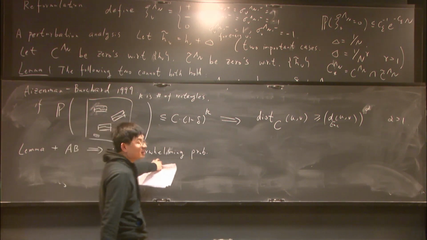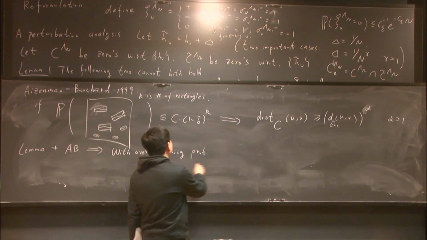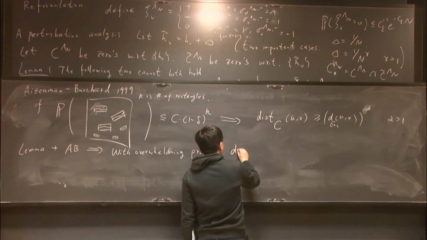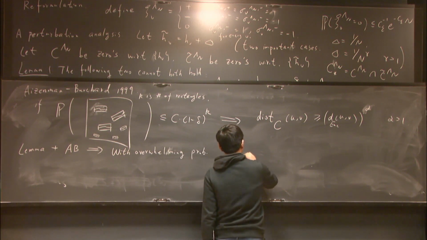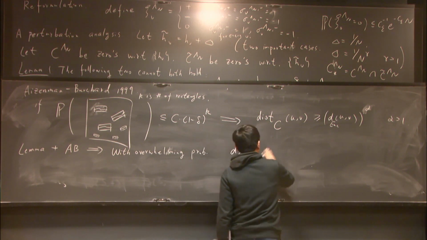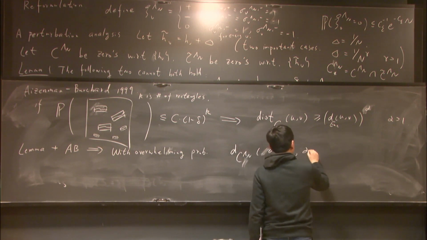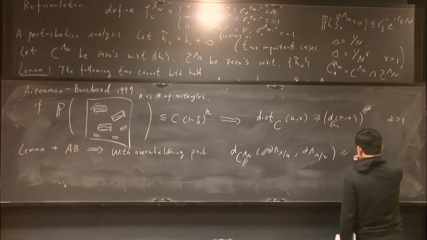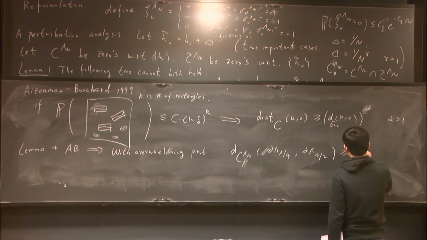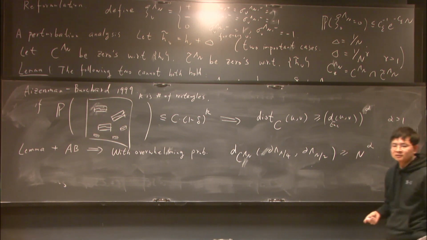But you can get something much better. So let's say this holds deterministically. The distance in the C star in C of lambda n between the two boundaries is greater or equal to n to the power of alpha. Alpha is strictly larger than 1.